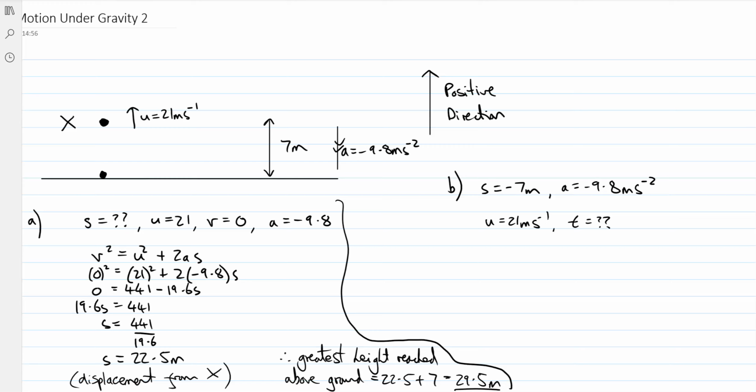Okay, so we need our equation linking these variables. So we want S equals UT plus a half AT squared. Sub in -7. Remember that minus just represents it's down from the point X rather than positive from the point X. Is U, which is 21, T we don't know, plus a half minus 9.8 T squared.